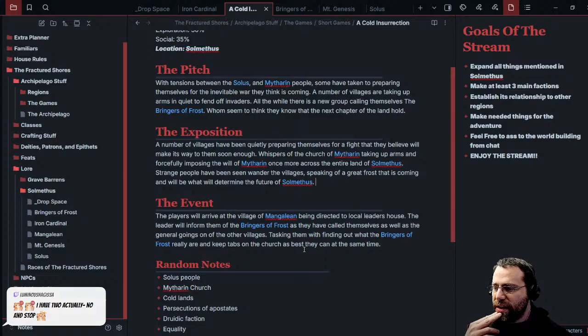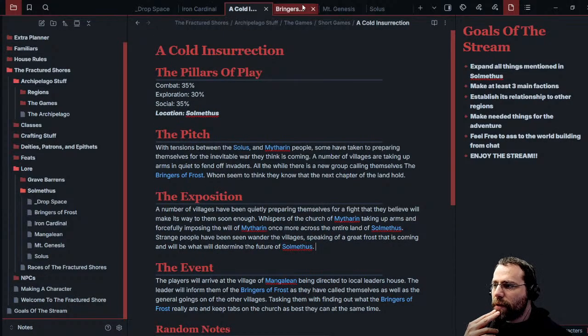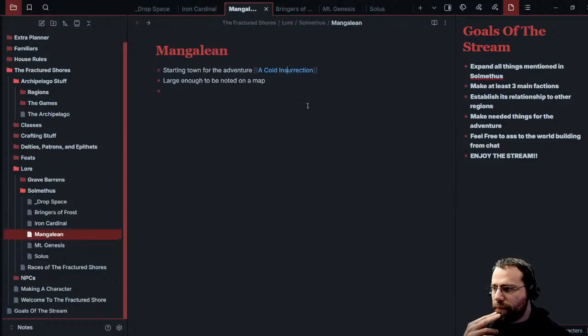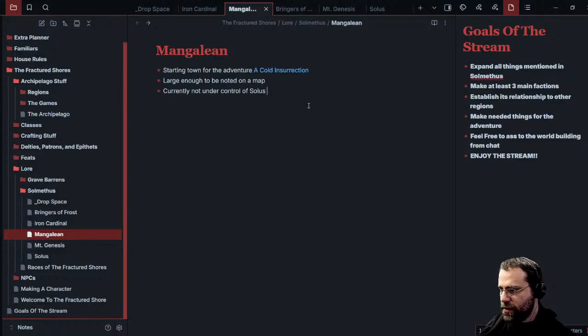This one is Solus. Okay. Under control of Solus or Mithari.